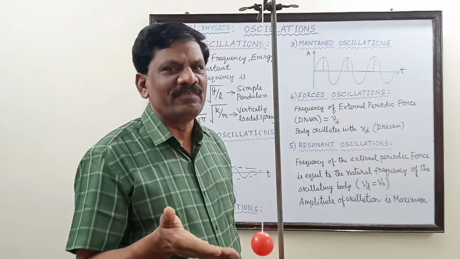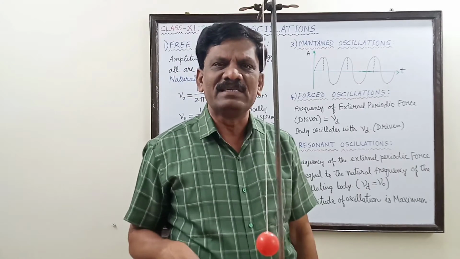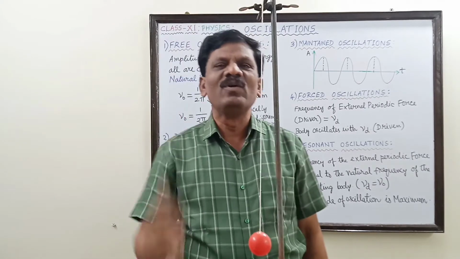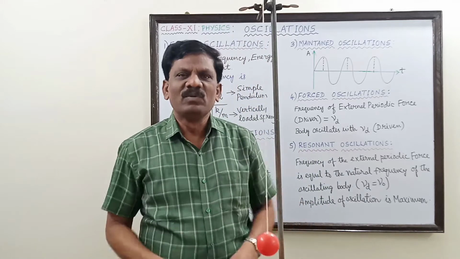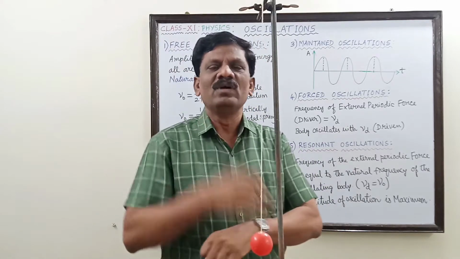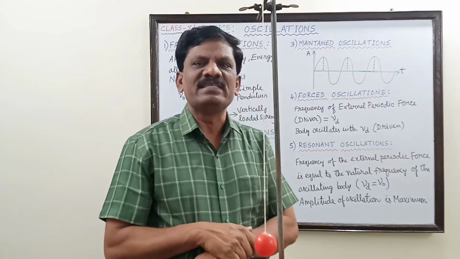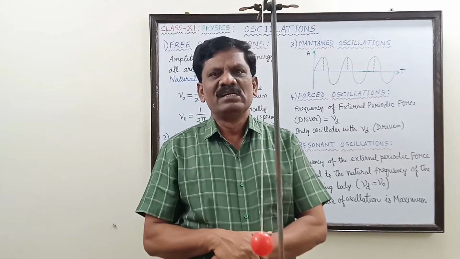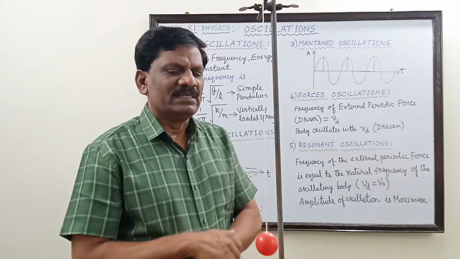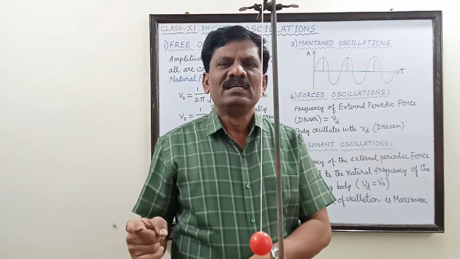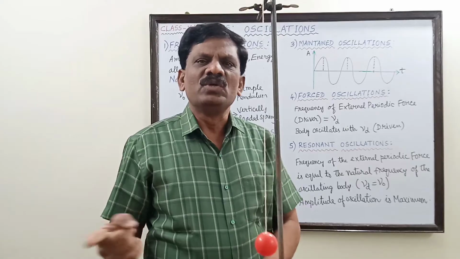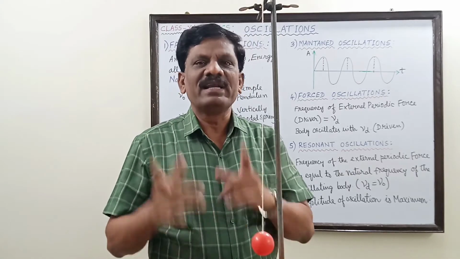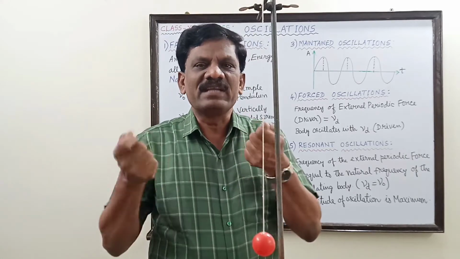The body is having a definite frequency called its natural frequency, but the body is unable to oscillate with its original frequency, and is forced to oscillate with some other frequency that is equal to the frequency of the external periodic force. That is why the external force which is used to oscillate the system is called the driver. It is driving the system.